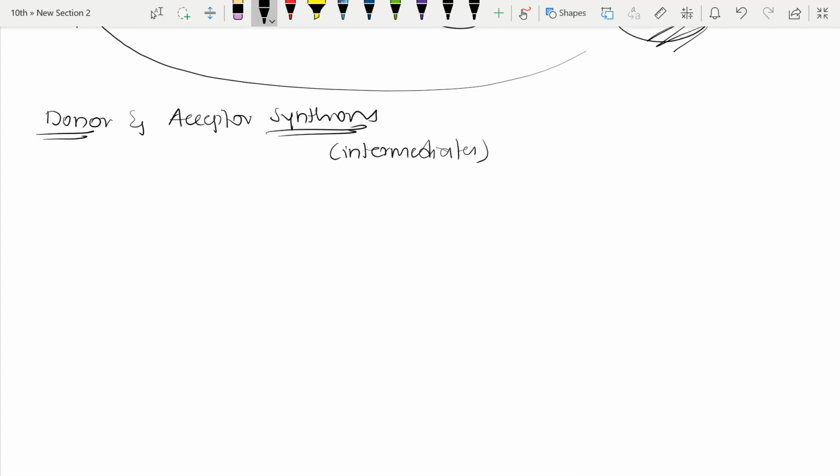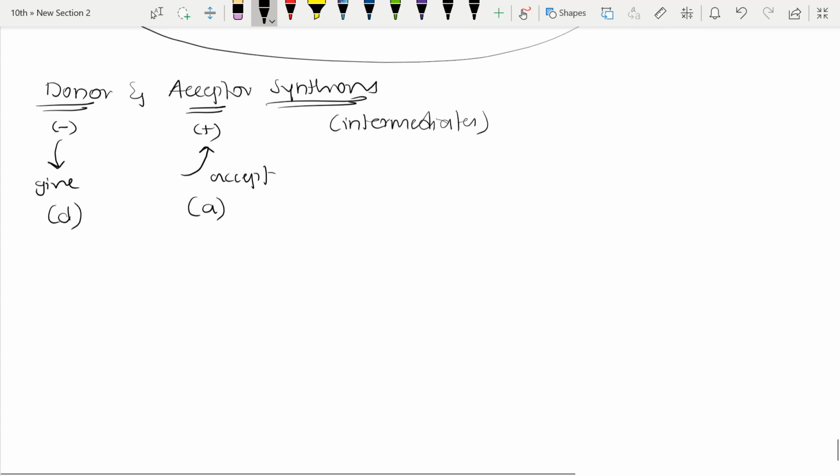Donor means one which is electron rich, I will show negative charge. Acceptor means one which is electron deficient. Why do we call it donor? Because it can give its electron density, so it is called donor. It will accept the electron density, so it is called acceptor. So like this you can remember. Donor is shown by small d, whereas acceptor is shown by small a, right?